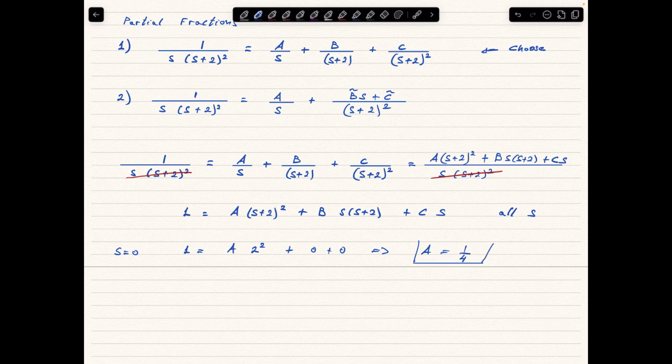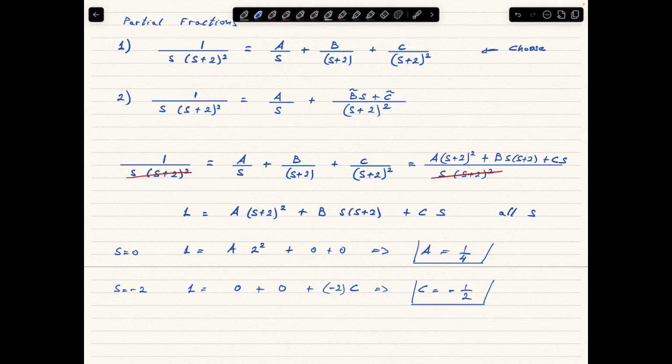Okay, we got a. Then s equals negative 2. So we have 1 equal 0 plus 0 plus negative 2c. So from here we get c. C is going to be negative 1/2. Again, these are the easy choices.